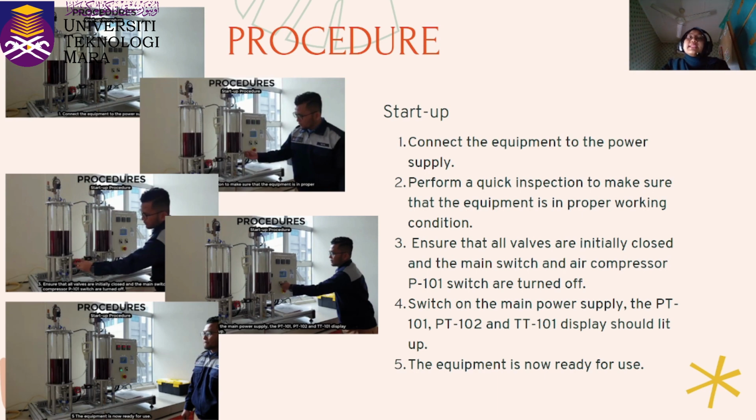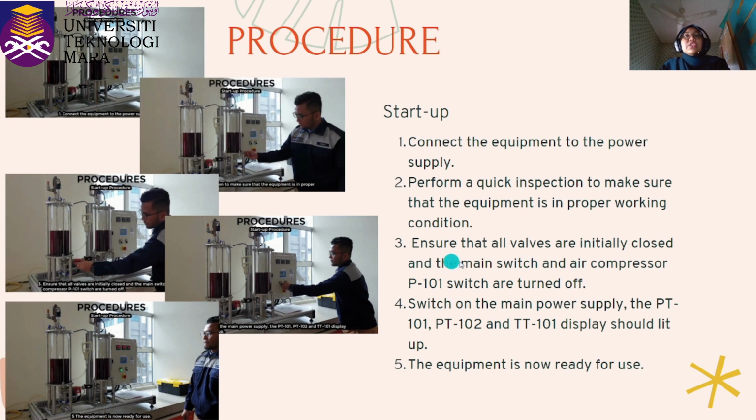Next, I will be explaining the procedure part by part from startup process to the shutdown process. So first one is the startup procedure. So first, connect the equipment to the power supply. Next, perform a quick inspection to make sure that the equipment is in proper working condition.